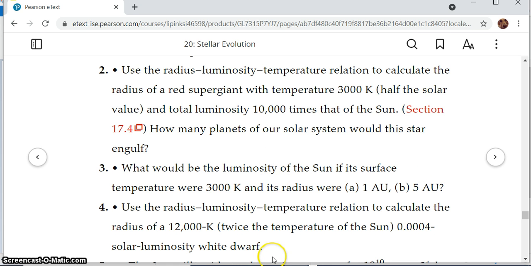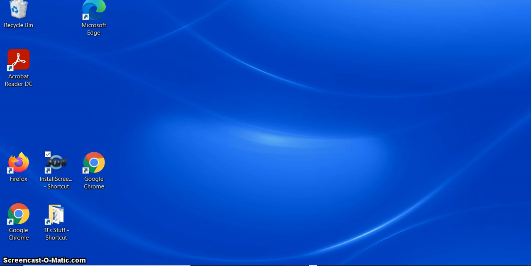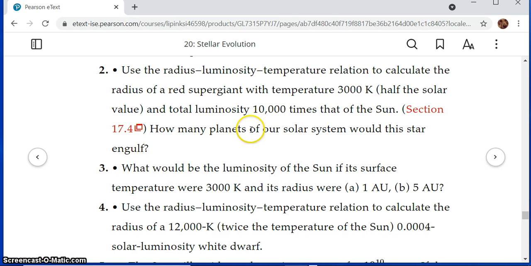So 5 billion years from now, when the sun becomes a red giant, what would be the luminosity at 1 astronomical unit, its radius, and then part B, what would it be if its radius were 5 astronomical units? That's actually just about to the orbit of Jupiter, just to let you know.